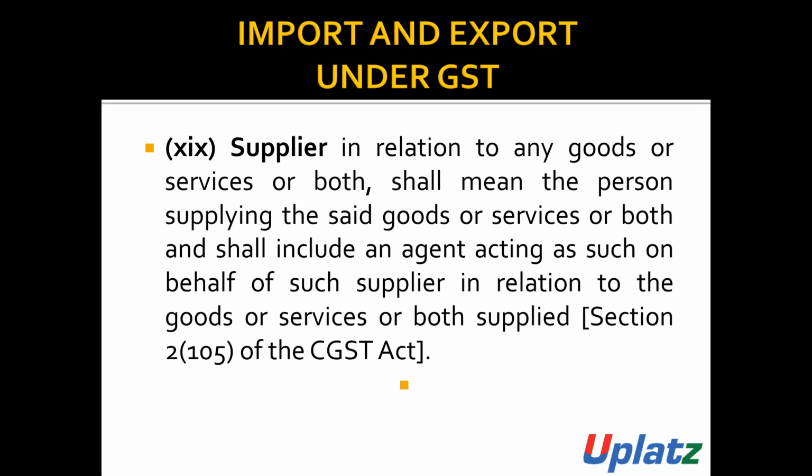For example, Mr. Ram is supplying some goods to the customer, then he will be considered as supplier of such goods, and he appoints Mr. Sham as an agent. He will supply the goods, he will supply the services or both, and he will also receive goods and services on the behalf of him.